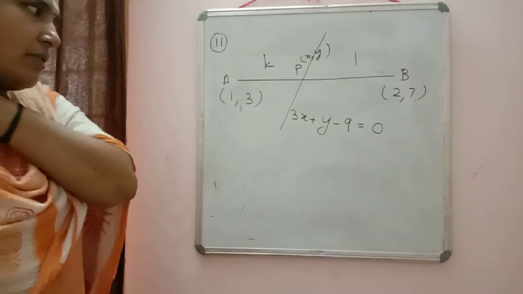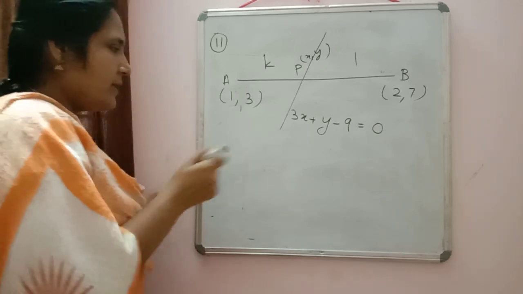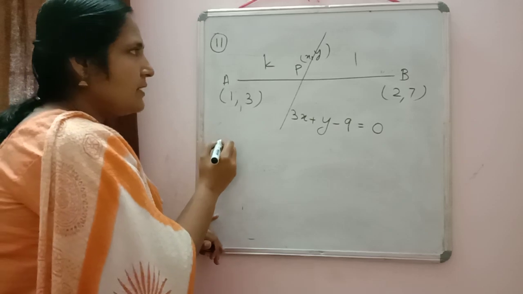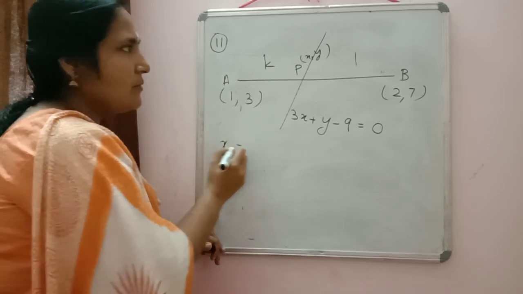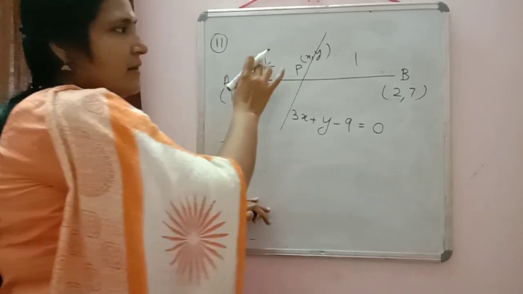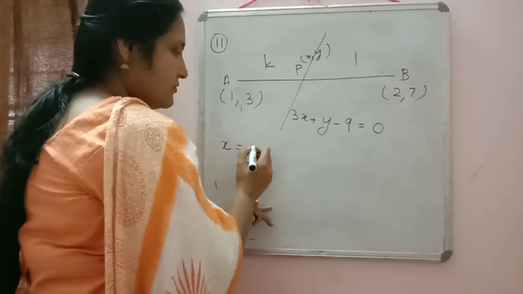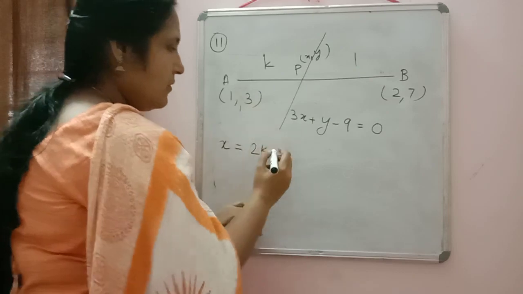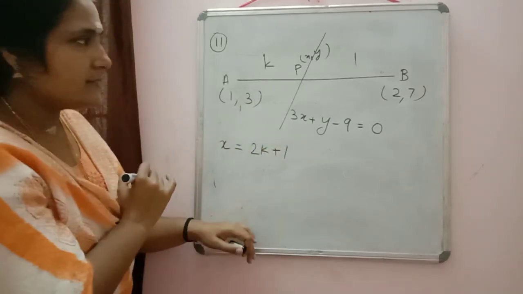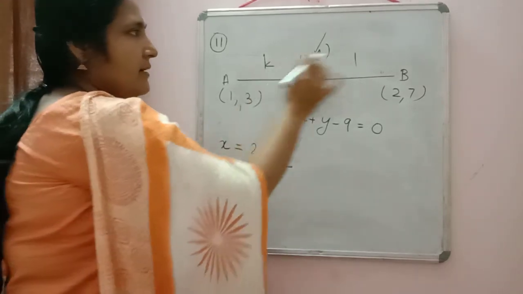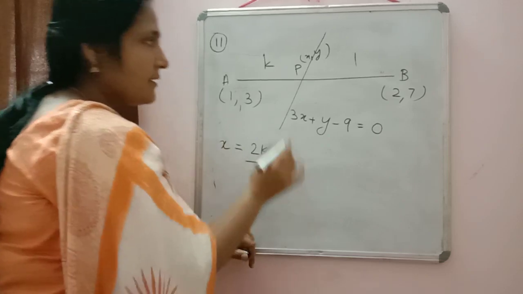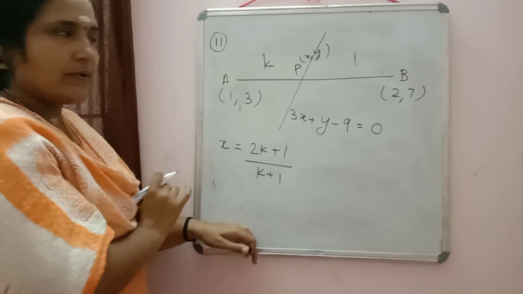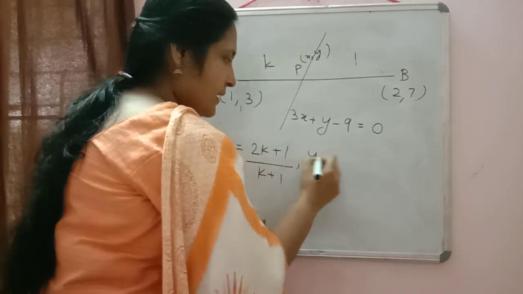According to the section formula, x is equal to 2k plus 1 into 1, so x = (2k + 1)/(k + 1), the x coordinate of P.